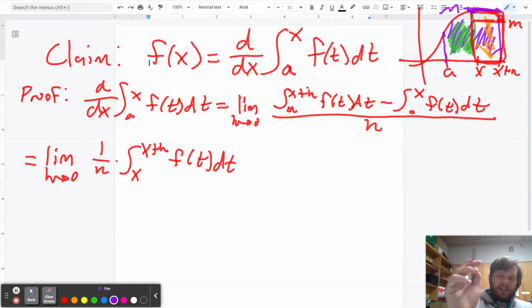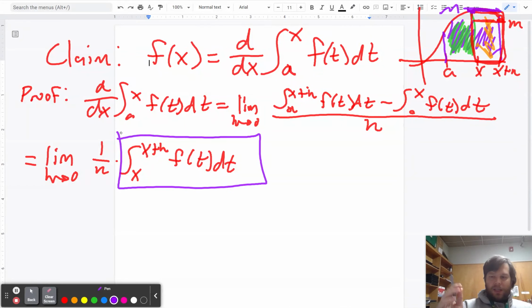So what I can say is that this area right here is in between two different values. The size of this rectangle has a base of h and then has an m as its height.